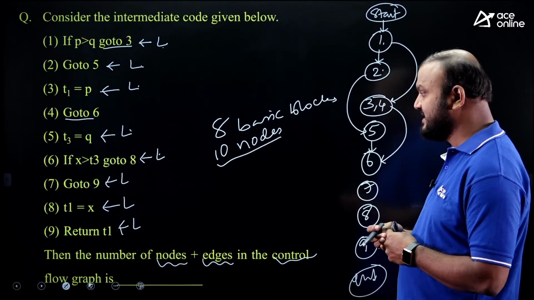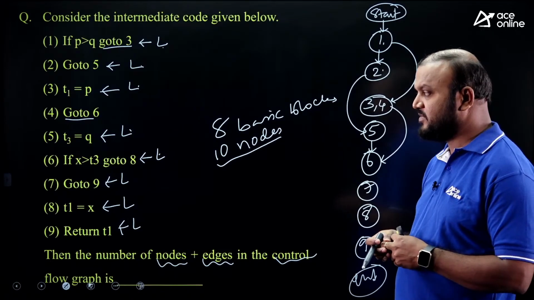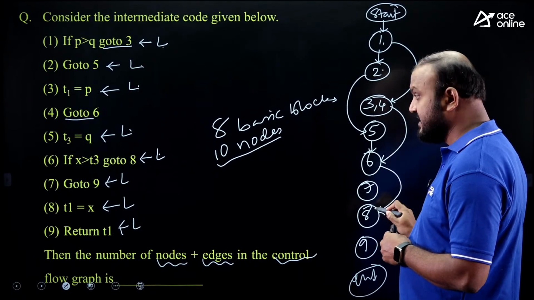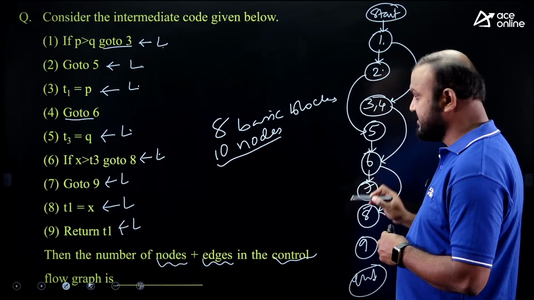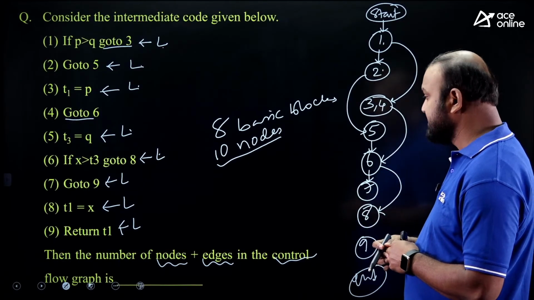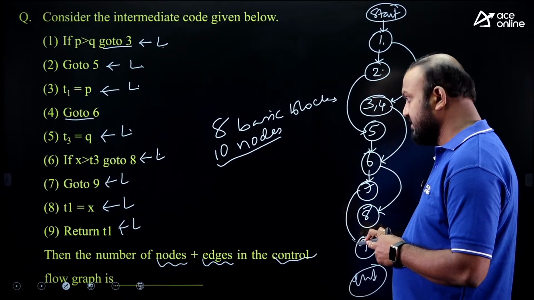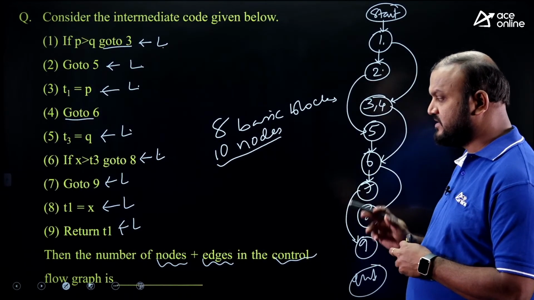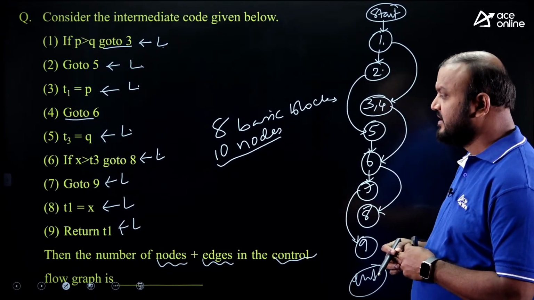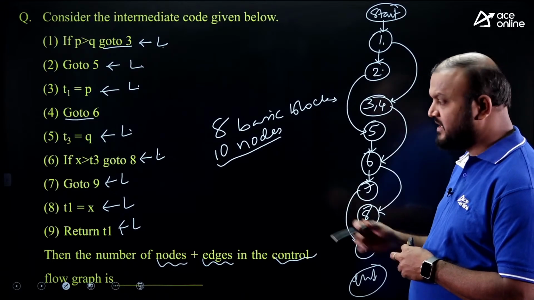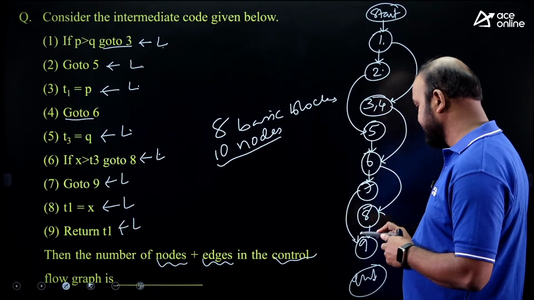Conditional go to means true or false, so two control flow paths are possible: go to 8 if it is true, and the next statement if it is false. For the seventh statement, we have only an unconditional go to 9, so only one control flow path is possible. From the eighth statement, there is no jump; it goes directly to the next statement.